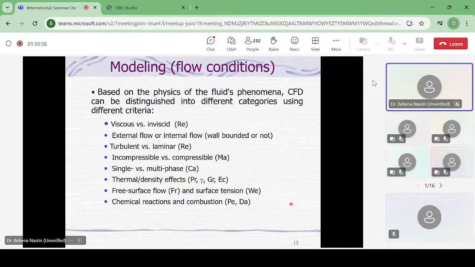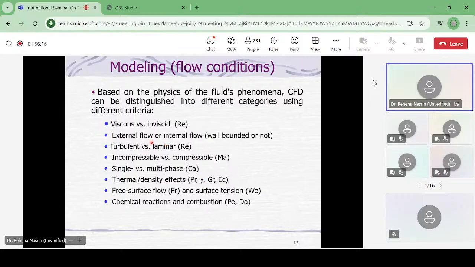The continuity equation is given also here, and the Rayleigh equation you can see here. And for modeling, we have to understand first whether our system is a viscous system or inviscid system, whether it is turbulent flow or laminar flow.